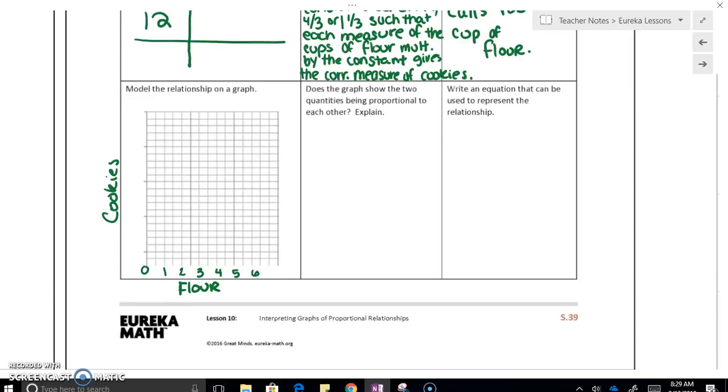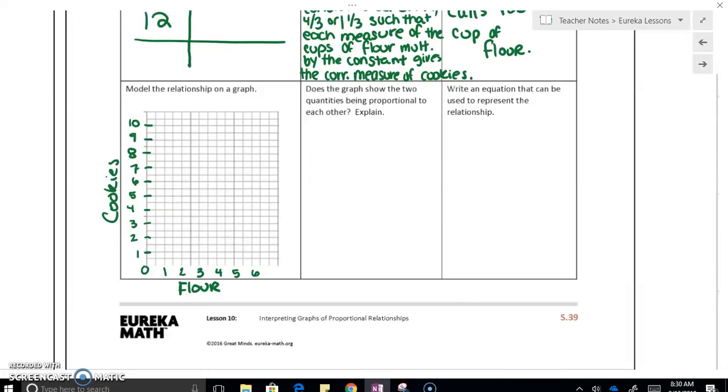And then I'm going to do the same thing for my y-axis. Sorry for the beeping noise in the back. It's the PA system. Okay, so now I can go ahead and graph my points.